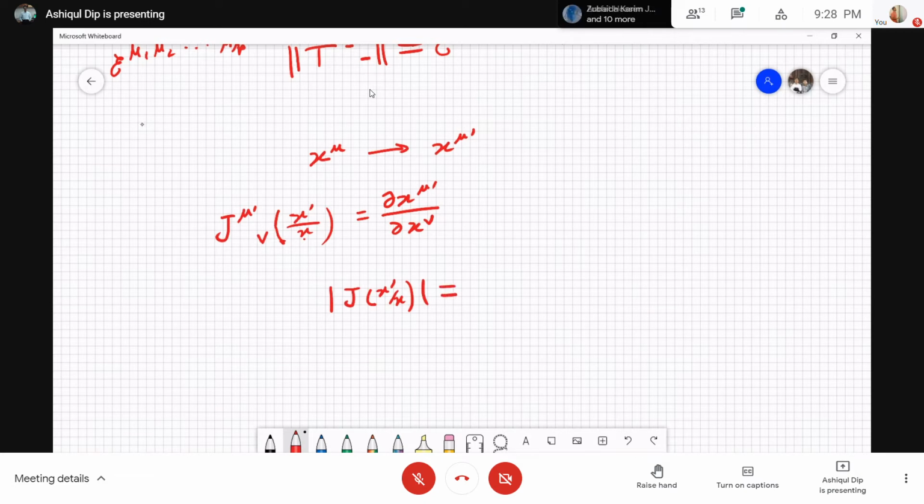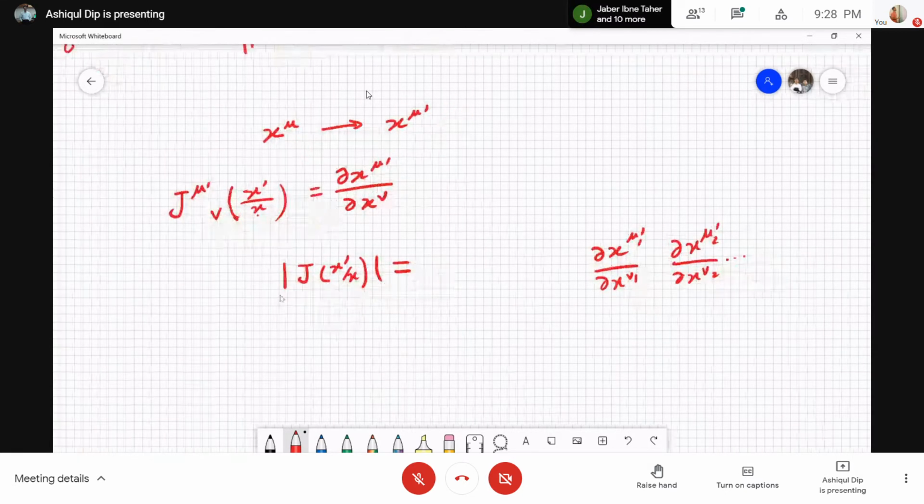Here let's write down the components. The components are like this: delta x mu prime 1 by delta x nu 1, delta x mu prime 2 by delta x nu 2, up to, it depends on how many coordinates you are taking.